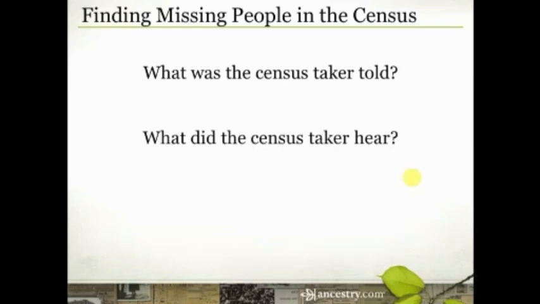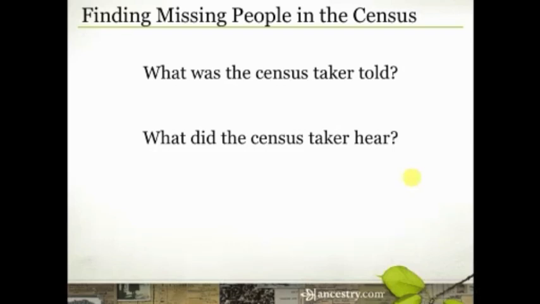The second thing you need to think about is, what did the census taker hear that he wrote down? If your ancestor was from a foreign country, particularly, think about the accent they may have spoken with. And if the census taker was not familiar with that accent, how did they hear the names that they were writing down?